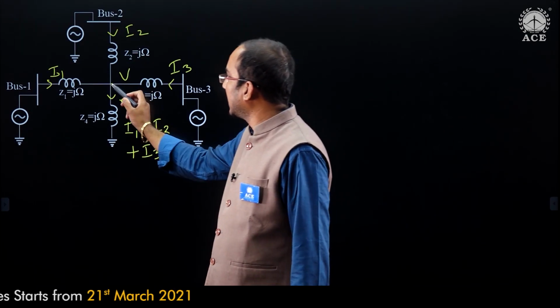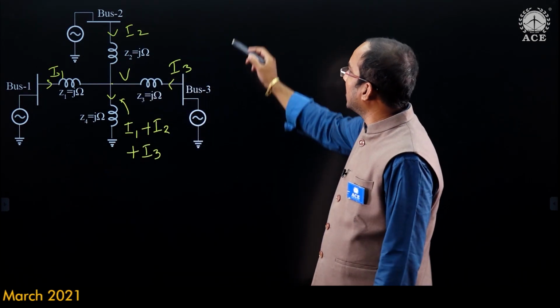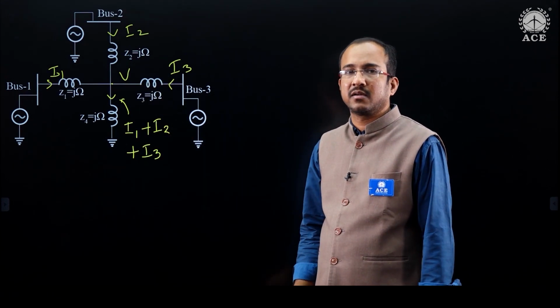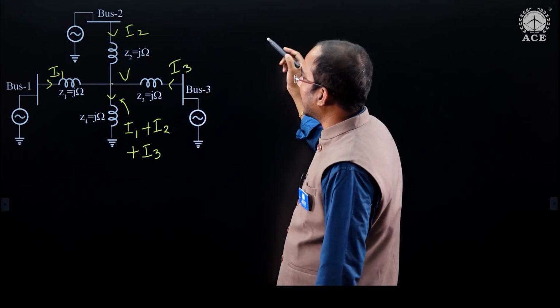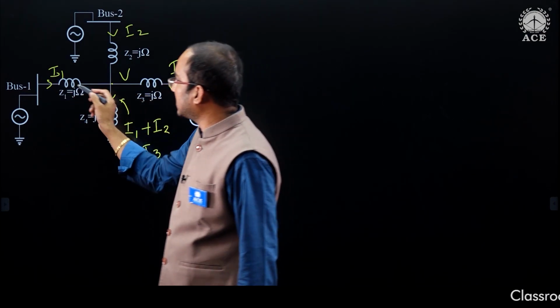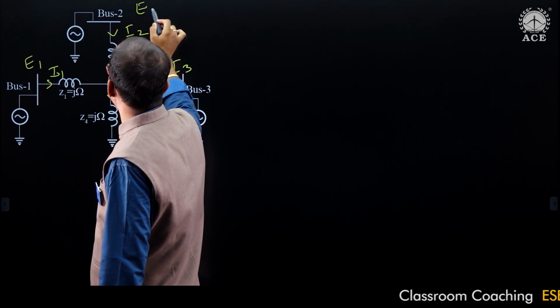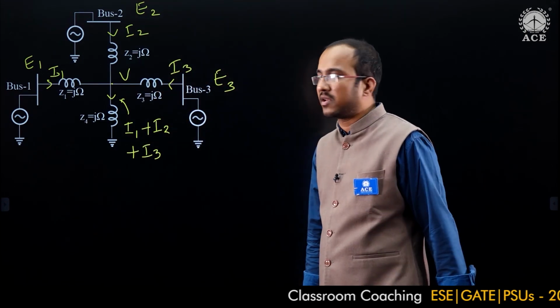Now if you apply KCL at that mid node, the sum of the entering currents must be equal to the sum of the leaving currents. Let the voltage at bus 1 be E1, bus 2 voltage be E2, bus 3 voltage be E3.